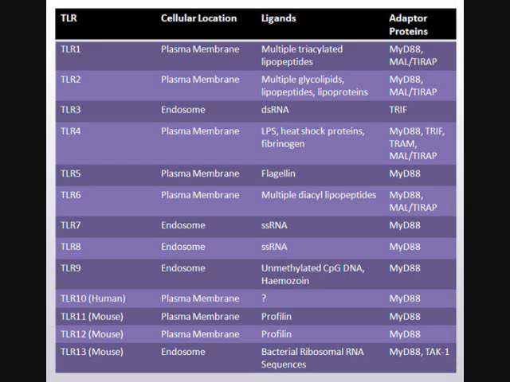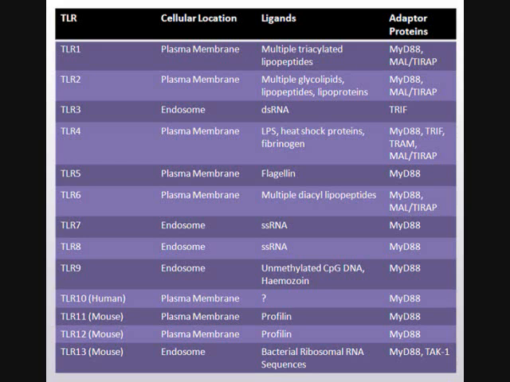TLR5 detects bacterial flagellin. 7 and 8 recognize synthetic antiviral molecules. 9 is required for a response to unmethylated CpG DNA. 10 is still a mystery. We're still working on understanding TLR10 and its ligand.